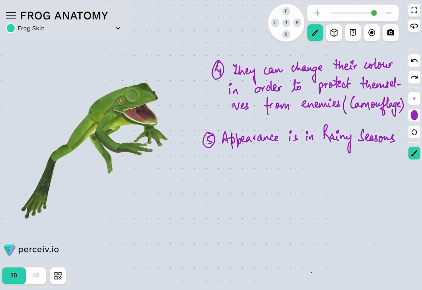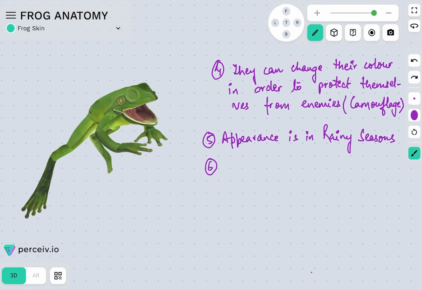In order to keep themselves away from the extreme heat and the extreme cold, they usually take shelter and go into a process of sleeping, which is called summer sleep and winter sleep.